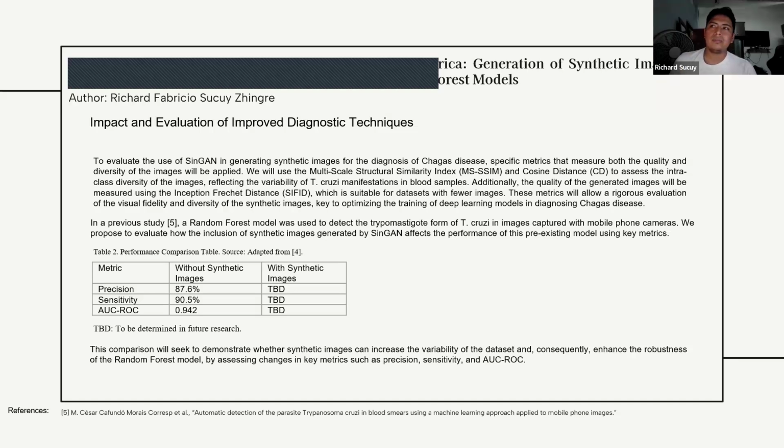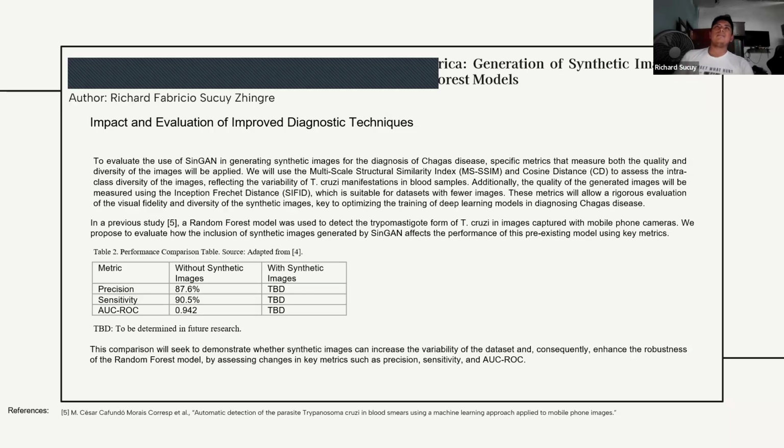The reason is that SinGAN, the generative adversarial network, has the capacity to generate images from one image.